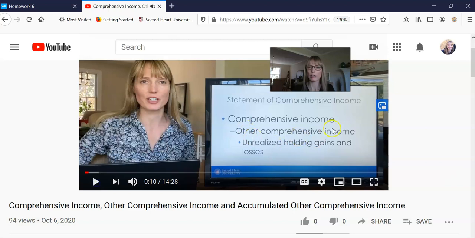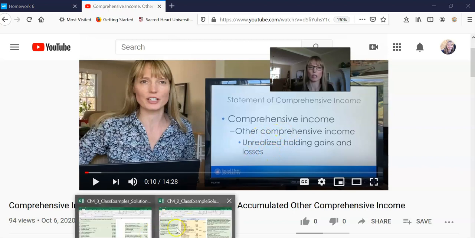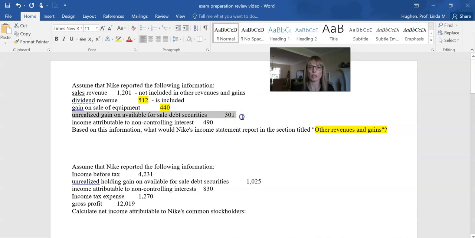And we see that the only item that we know that affects comprehensive income and other comprehensive income is these unrealized holding gains and losses. So therefore, we put that together and say, nope, this is not included in other revenues and gains.